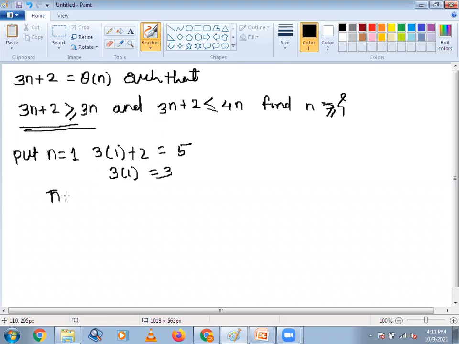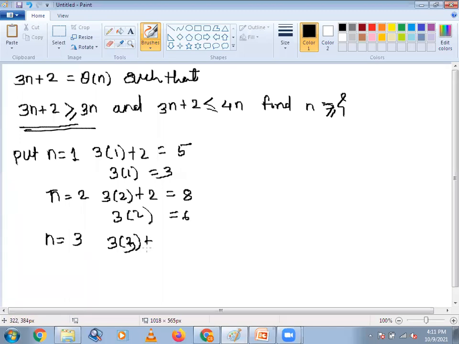Then n is equal to 2: 3 into 2 plus 2 is equal to 8, and 3 into 2 is equal to 6. n is equal to 3: 3 into 3 plus 2 is equal to 11, and 3 into 3 is equal to 9.